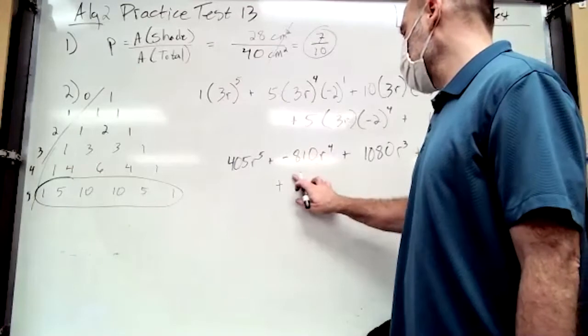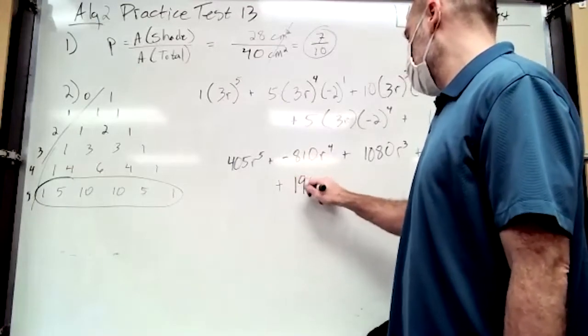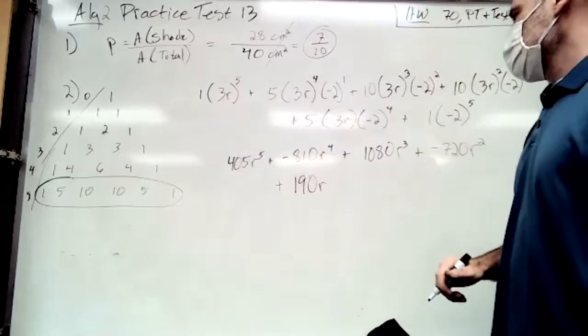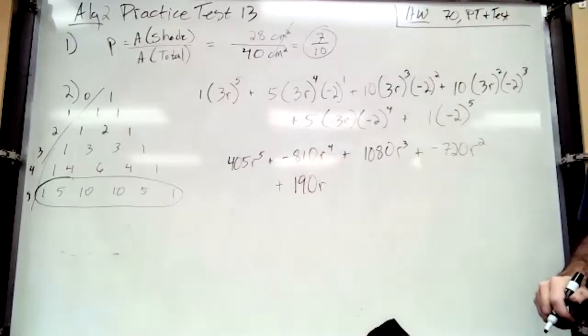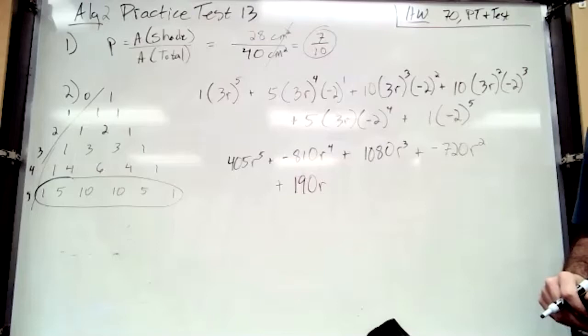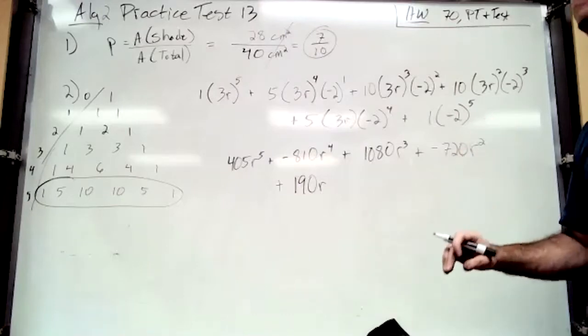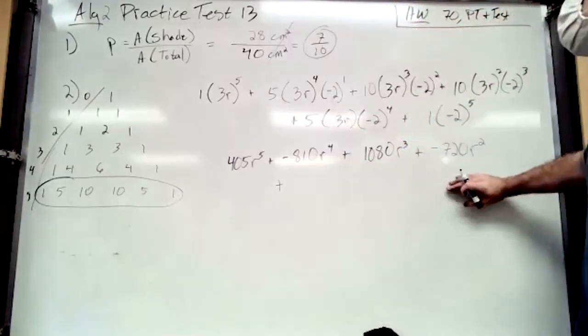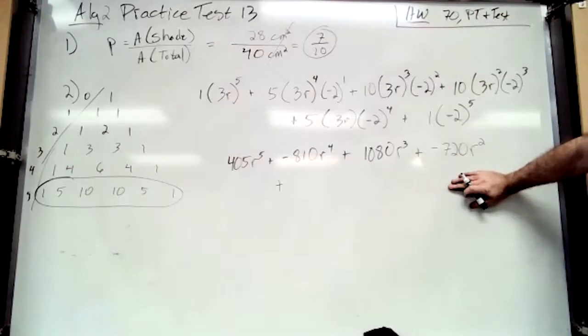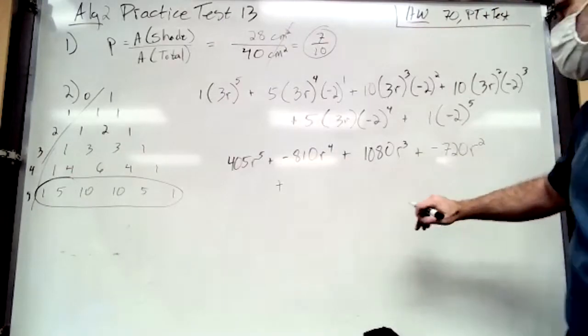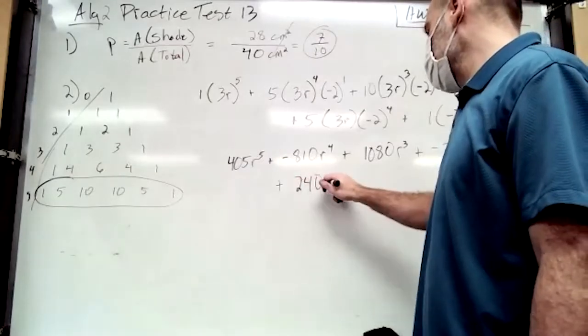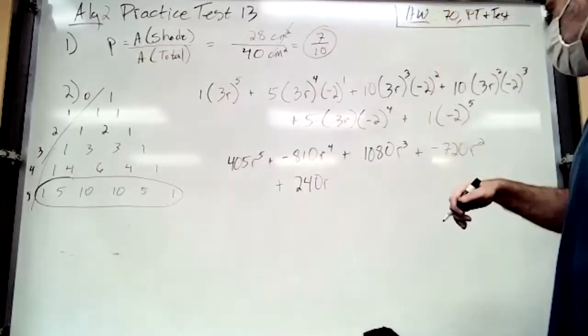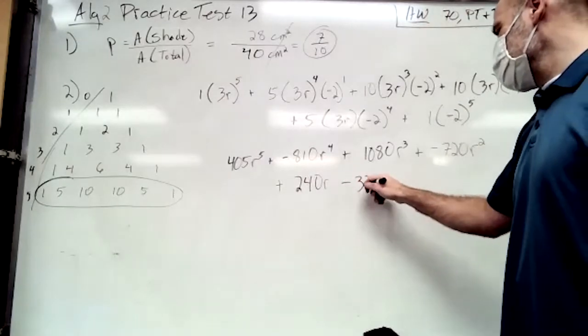Negative or positive 190 r, I think positive 190, and 16 times 5 is 90, no. Yeah, that's not 190, what is it? 16 times 5, come on, 16 times 5 is 80, times 3, so 240. 240 r, and then 2 to the 5th is 32, so -32.